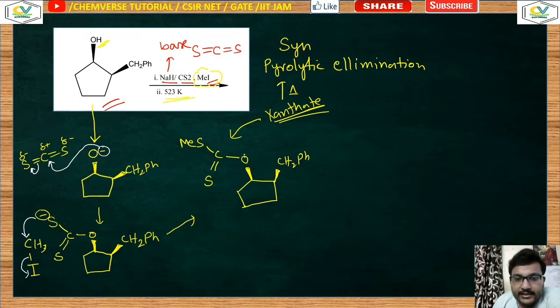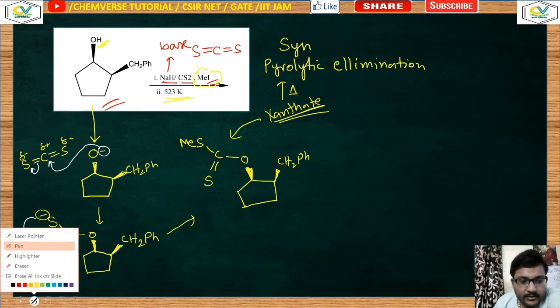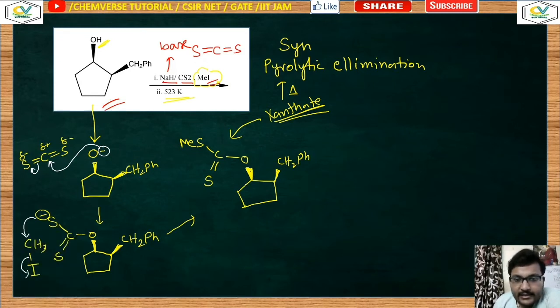So what can I say, that this xanthate portion is in the above position. Now you can see that adjacent to this carbon is this one and this one. If you look at the right side, then this hydrogen is in below position. That cannot be abstracted because syn elimination occurs. So from the left side there is one below hydrogen, another hydrogen is present in the above position.